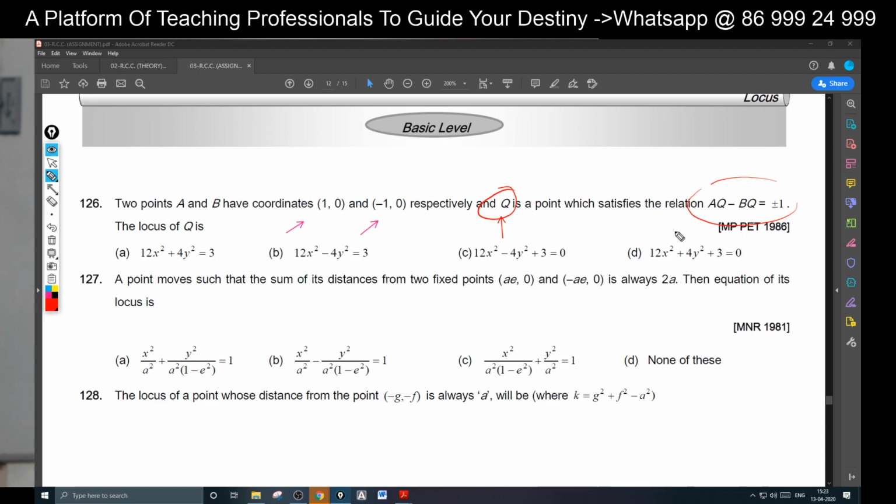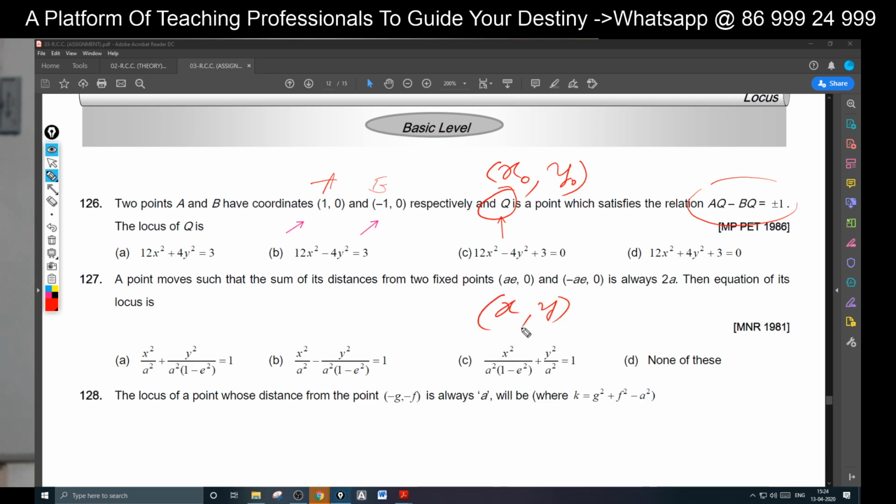See here, this is A, it is mentioned, this is B, this is Q. But Q is not mentioned, you know. Generally I suggest always to take Q as (x0, y0). There are reasons for this. Many faculty and teachers ask the student to take it as (x, y).